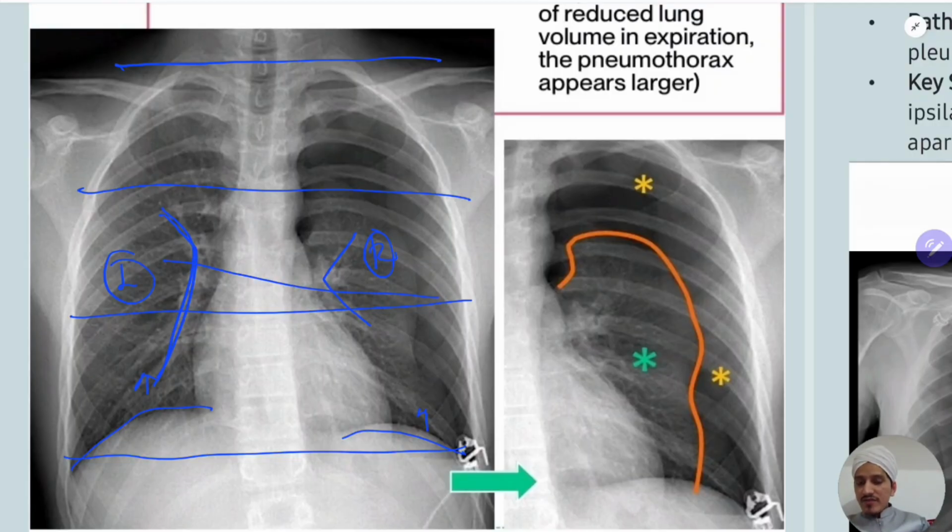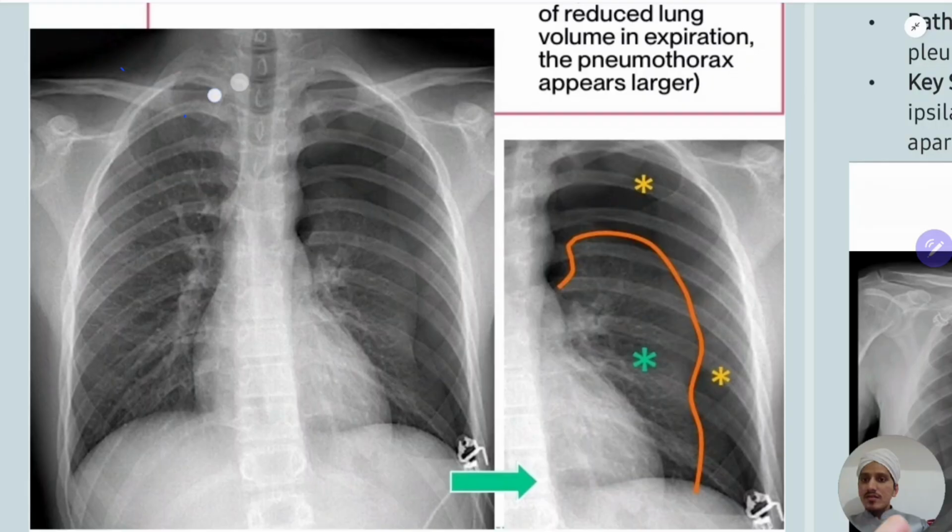We have discussed that the bronchovascular markings are denser on the medial side and lower side, whereas they are lighter on the lateral side and upper side. You should remember this.